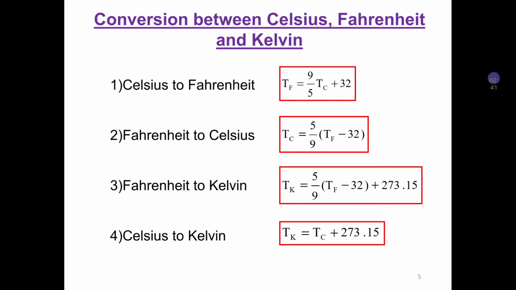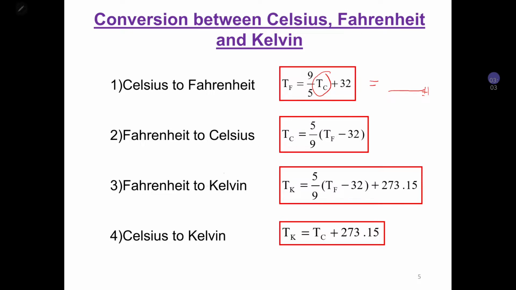For example, you want to convert from Celsius to Fahrenheit. You can calculate it using: temperature in Fahrenheit is equal to 9/5 times the temperature in Celsius plus 32, and then you will get the value of Fahrenheit temperature.